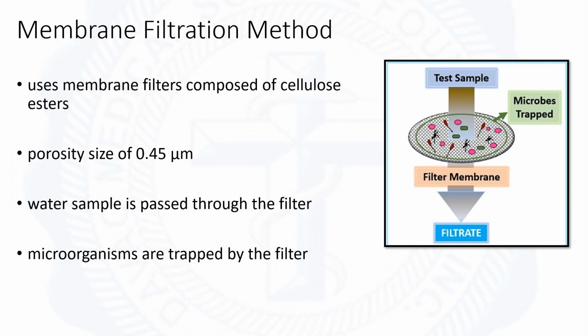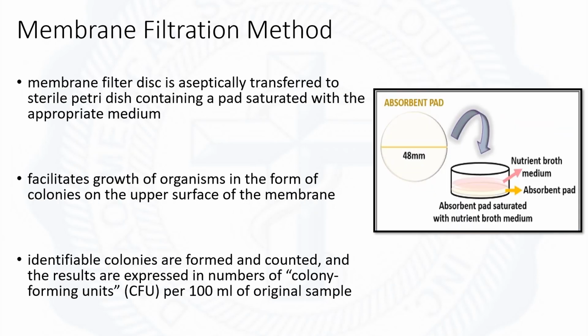Following filtration, the filter disc containing the trapped microorganisms is transferred to a sterile petri dish containing an appropriate growth medium. Because the filter is transferred to the petri dish containing an appropriate growth medium, the bacteria present will acclimatize and eventually grow. The passage of nutrients through the filter during incubation will facilitate the growth of organisms in the form of colonies.